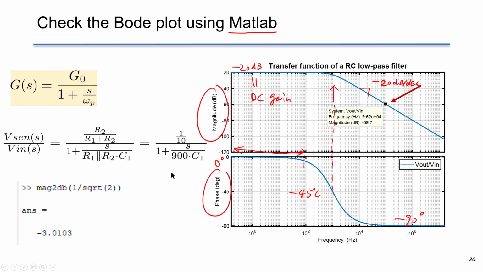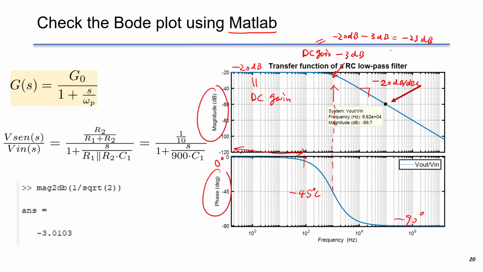When we talk about minus 3 dB, this minus 3 dB point is minus 3 dB from your DC gain. For example, our DC gain in this case is minus 20 dB. So we subtract another 3 dB, which equals minus 23 dB.